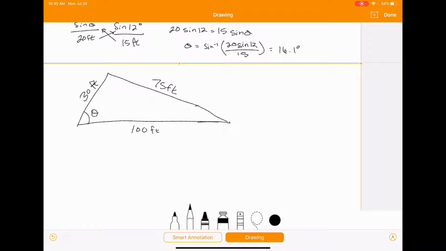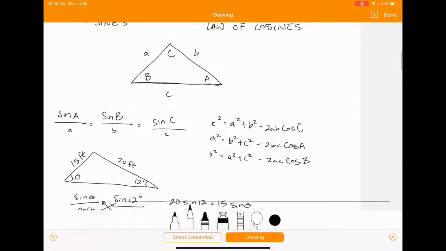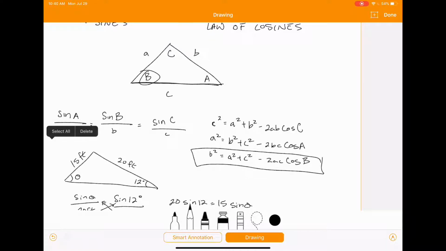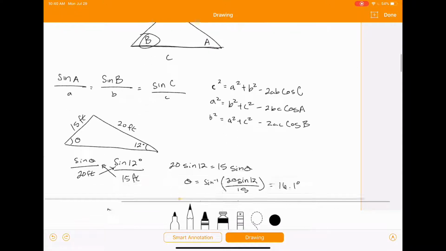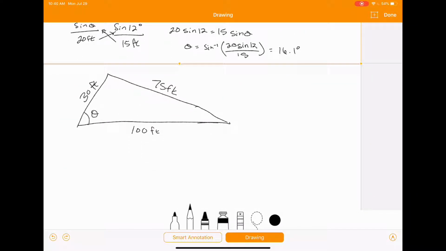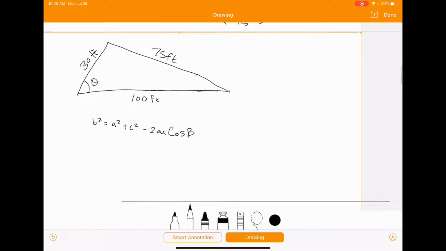So we're looking for theta over here, which we've identified as b up here. So we want to use this equation because it's got the angle b within that equation. So we're going to use b squared equals a squared plus c squared minus 2ac cosine of b.